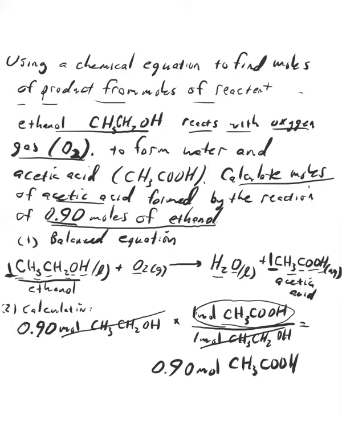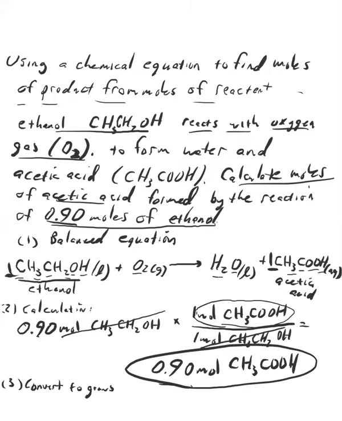Okay, let's convert that to grams now. The last step is to convert to grams. So we have 0.90 moles of acetic acid, and I'm going to write that here.